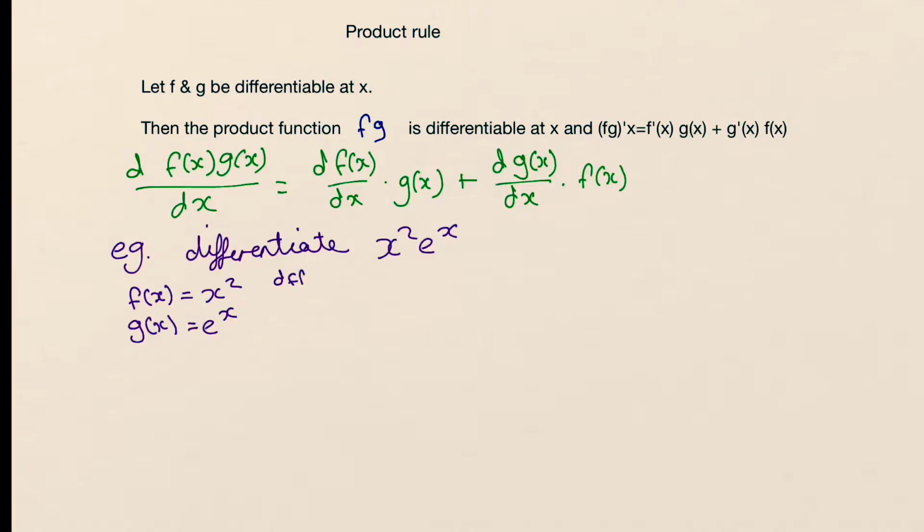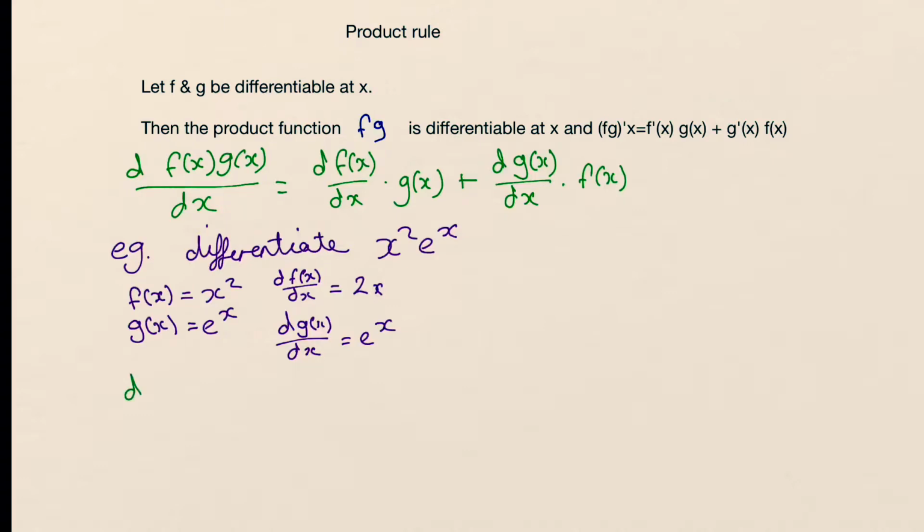So df/dx is going to be 2x, and dg/dx is e to the x. So we've just got to put it into this formula now.